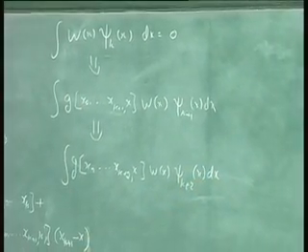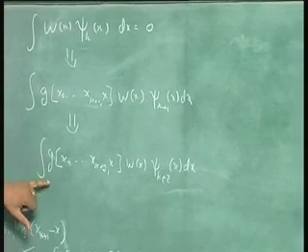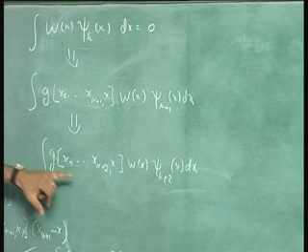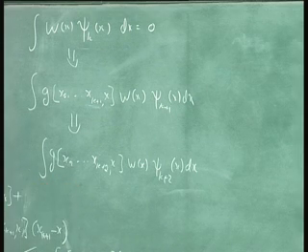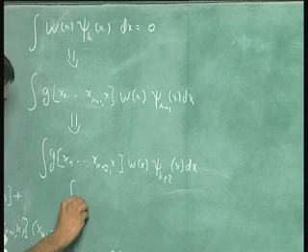Okay, so we can continue with that and go up to the order we want. That's the idea. So we have to now choose these points k plus 1, k plus 2, k plus 3 up to k plus m, let's say, such that this integral, that is the integral of w of x, is 0.